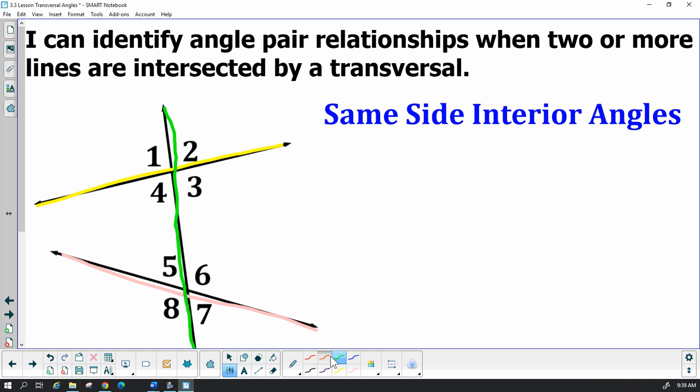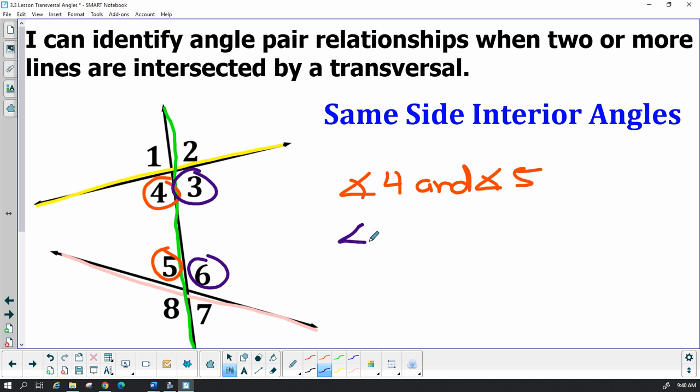So if they're on the same side and they're interior, we're looking at angle 4 and angle 5, and we are looking at angle 3 and angle 6. Still, I have one angle for each pair that comes from the yellow line and one angle from each pair that comes from the pink line. But this time they are interior and on the same side of the transversal.